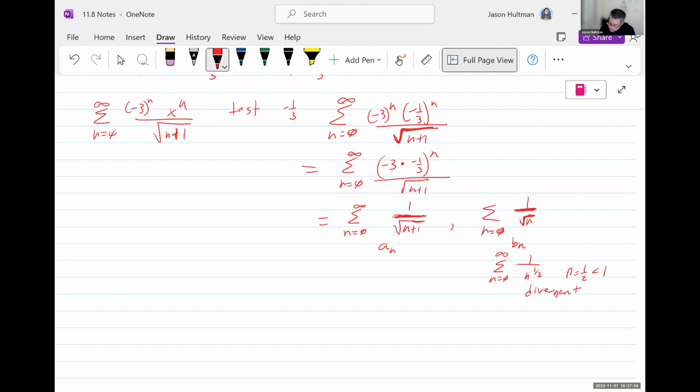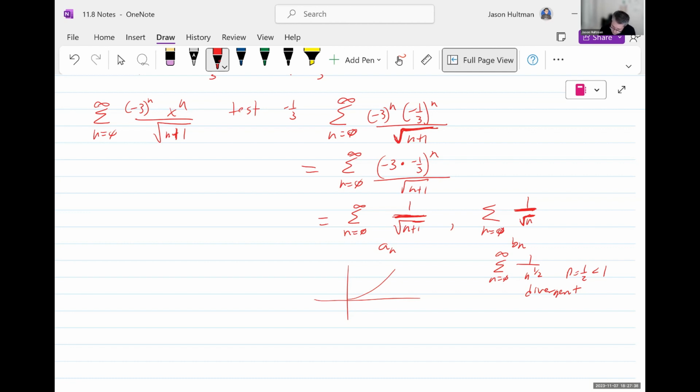But does that tell me that the 1 over the square root of n plus 1 is divergent? No, not yet. We have a little bit more work to go. This thing is always smaller than what we're comparing it to, which is kind of bad for the basic comparison test, because we're saying that 1 over square root of n diverges. It just keeps growing.